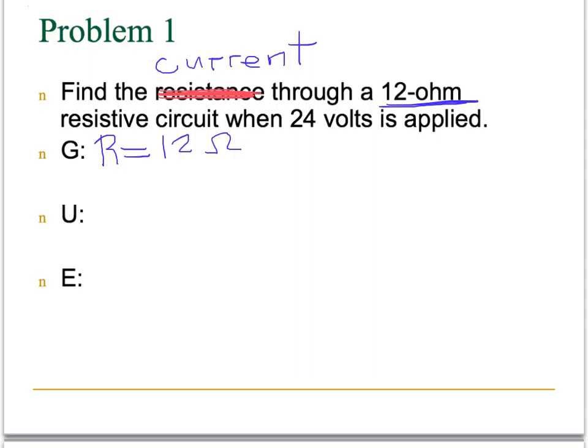The next one that is given is 24 volts. And we know that the quantity with the unit of volts is the voltage. So that is simply V. So we have 24 volts. So what are we looking for? We are looking for current, which is represented by I.